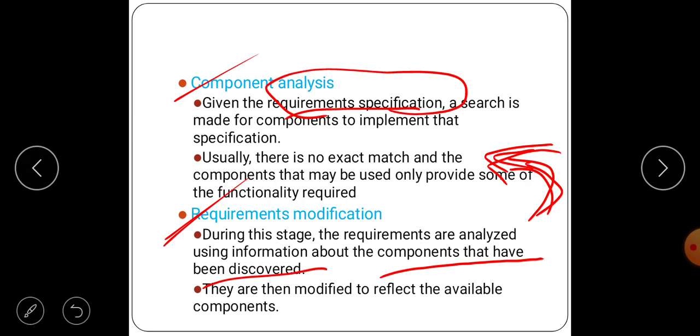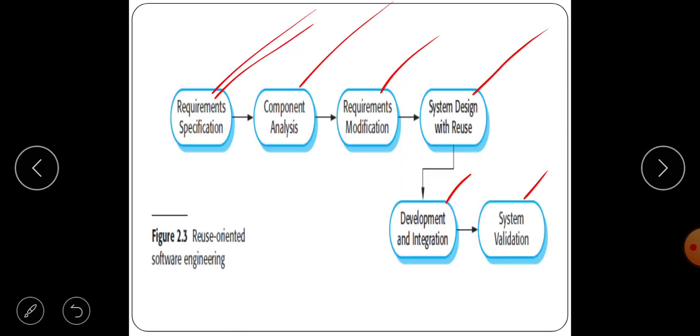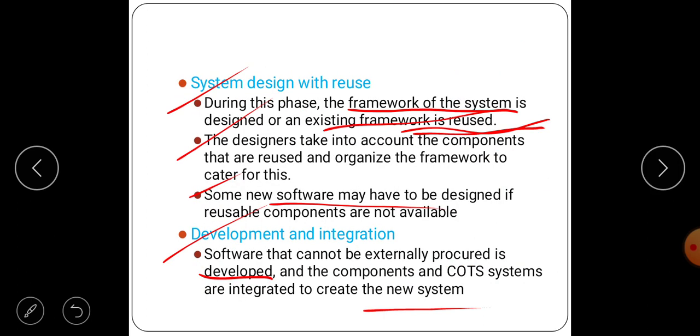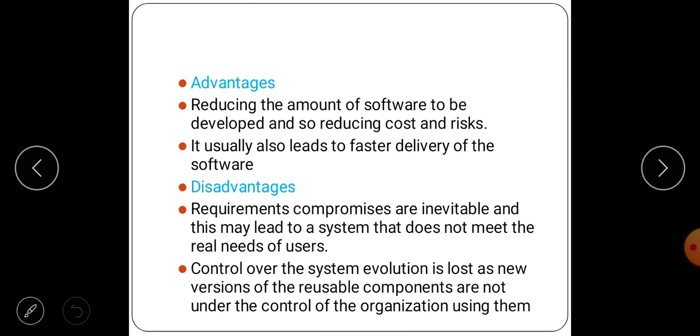Next, after development and integration, the last step is system validation. At last we are going to test the software. This is the reuse-oriented development. What is the advantage? Reducing the amount of software to be developed, and so reducing cost and risk.